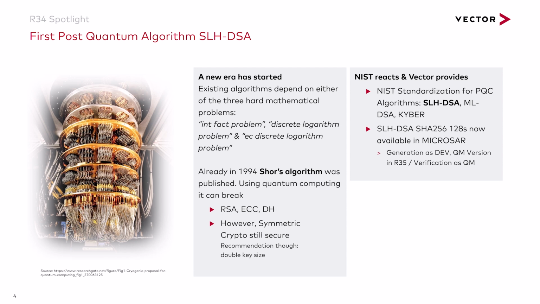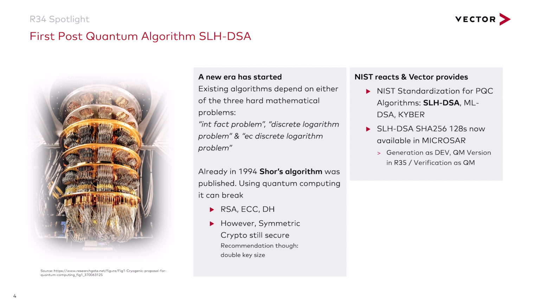It is using the SHA-256-128S parameter set. 128S here means that the algorithm is as hard to break as an AES equivalent with a length of 128 would be.